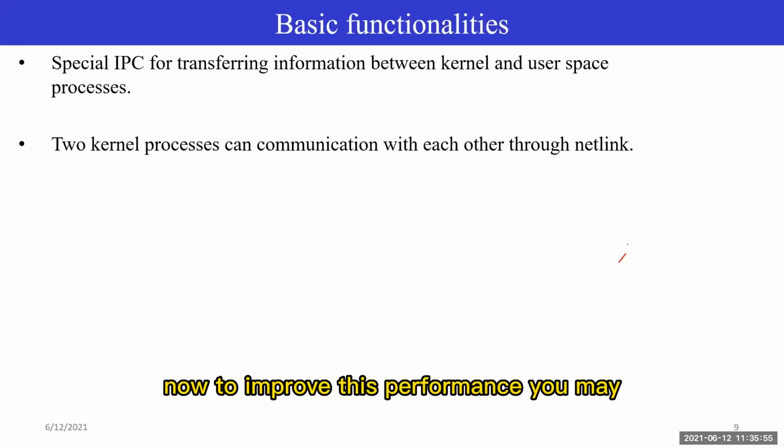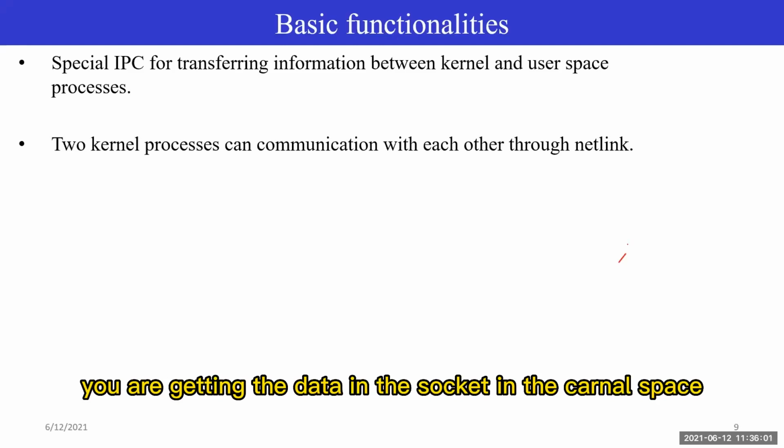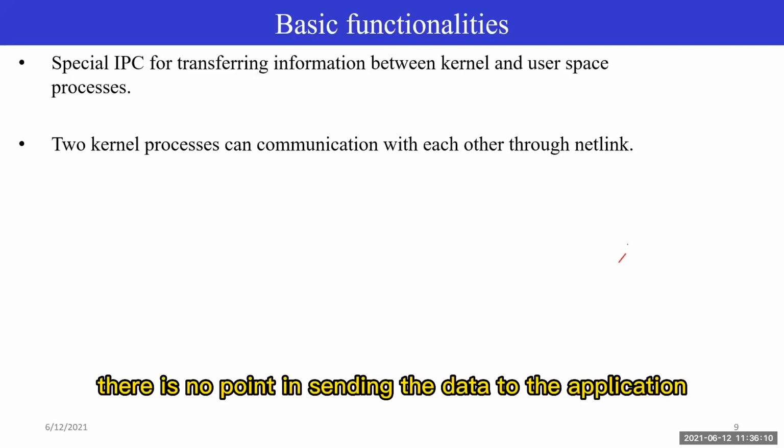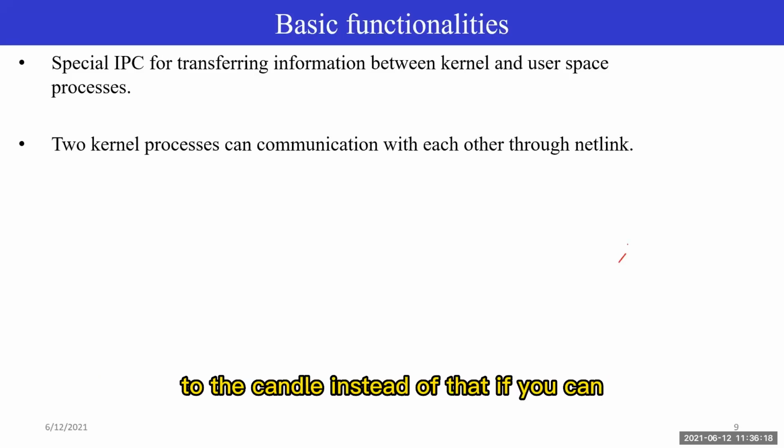Now, to improve this performance, whenever you are getting the data in the socket in the kernel space, there is no point in sending the data to the application and then bringing it back to the lower layer, to the kernel.